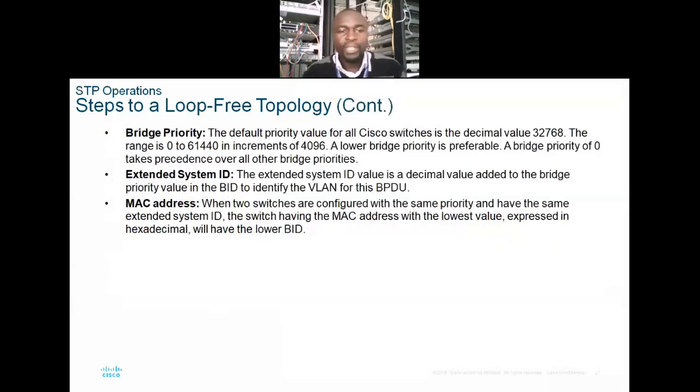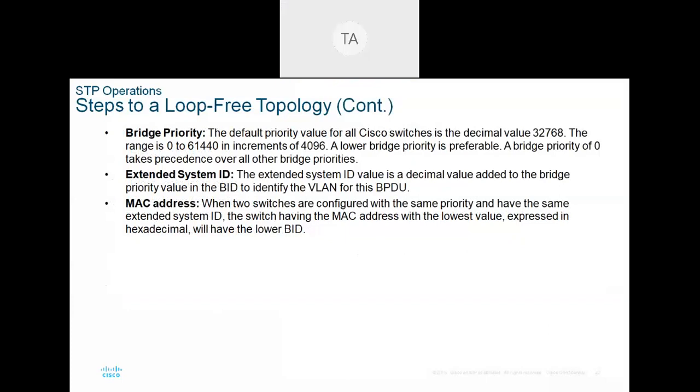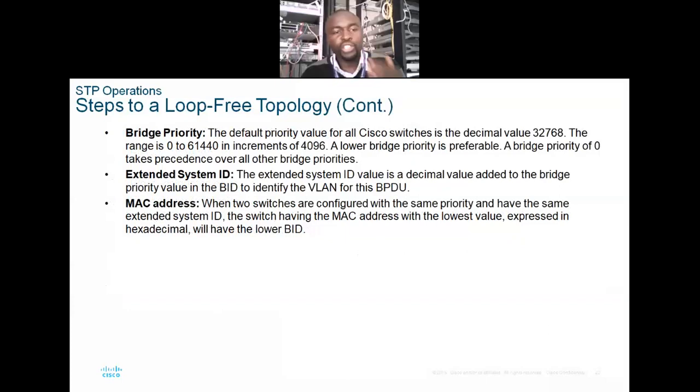Now, the default priority value for all Cisco switches is the decimal value 32768. The range is 0 to 61440 in increments of 4096. A lower bridge priority is preferable. The bridge priority of 0 takes precedence over all other bridge priorities.